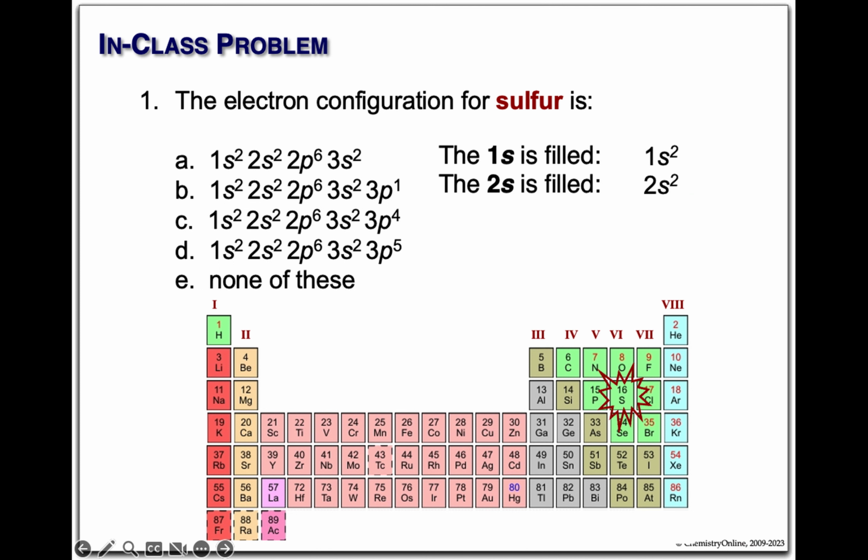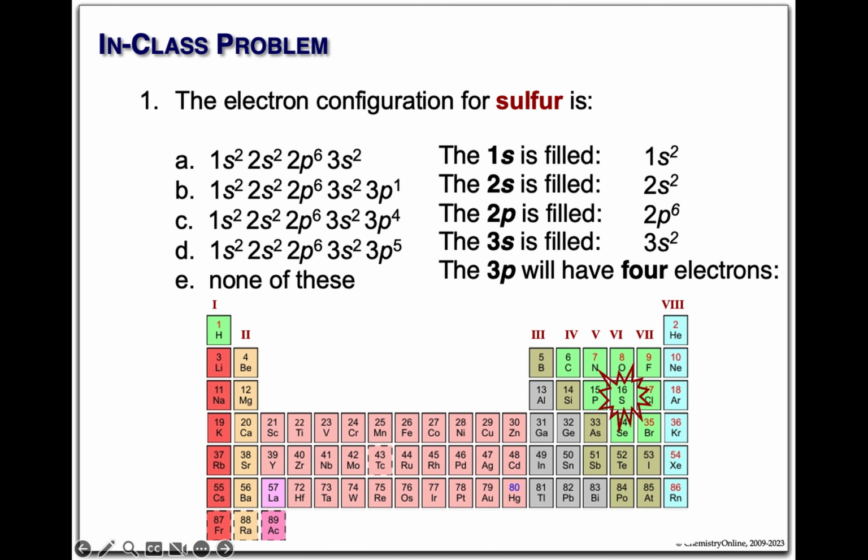The p orbitals for our second period are also full. The third period, the s orbital is full. And finally, we have 1, 2, 3, 4 electrons in the p orbitals. So which of these is right? 1s2, 2s2, 2p6, 3s2, 3p4.